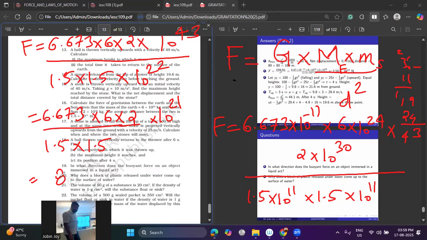So when you multiply the numerator, you will get 80.076 divided by 1.5 into 1.5, that means 2.25, into 10 raised to 21.